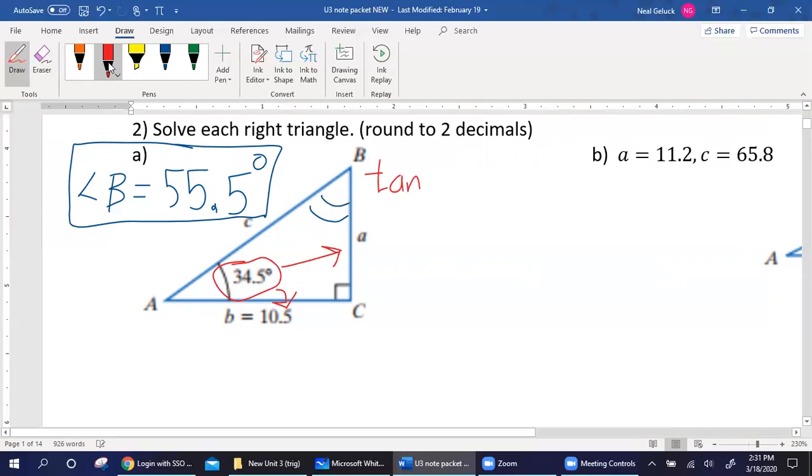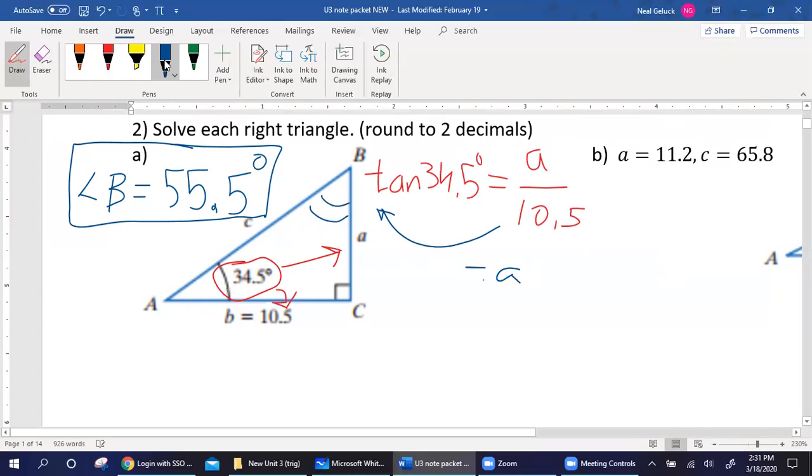So tangent 34.5 is opposite, which is side A, over adjacent, which is 10.5. And this is one of the simple ones. I just multiply the 10.5 over, and I get lowercase a equal to about 7.22.